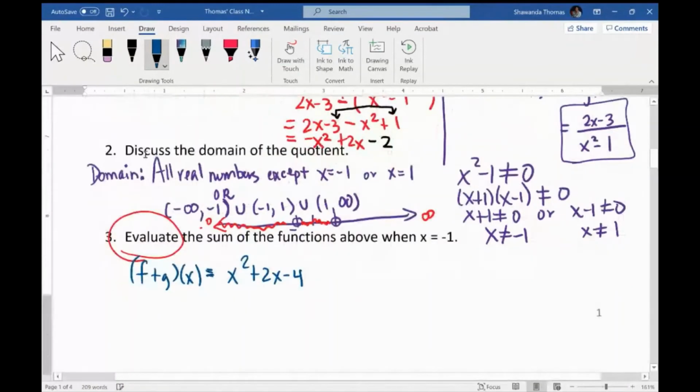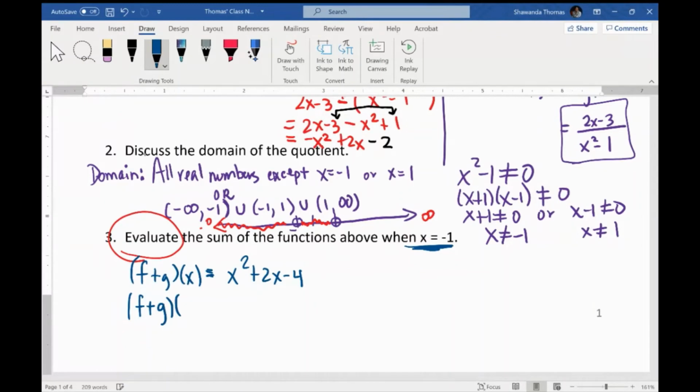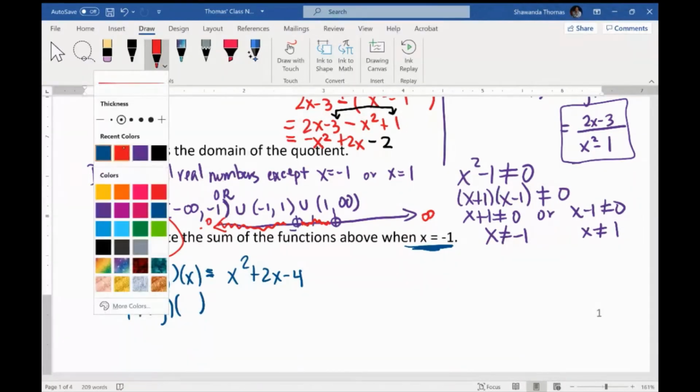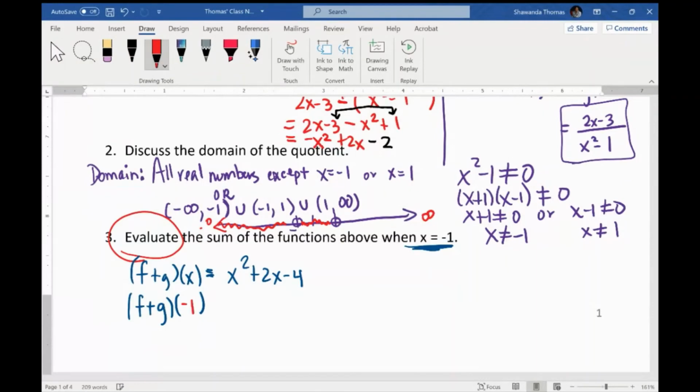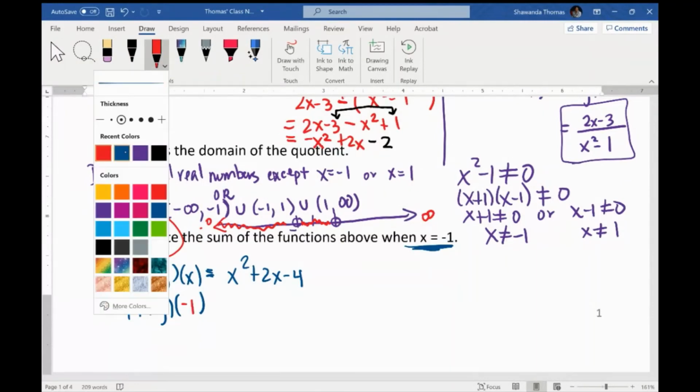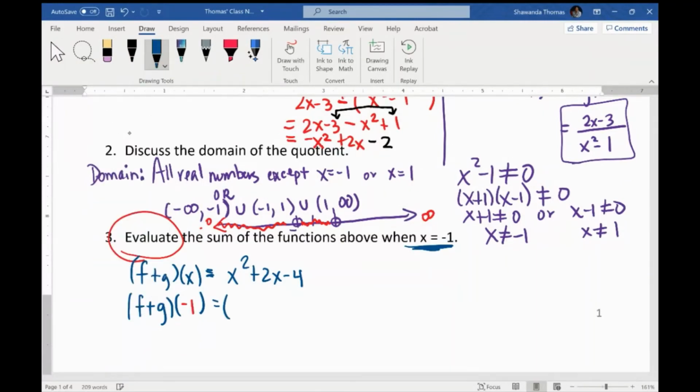It said evaluate the sum when x equals -1. So instead of an x, we're going to make a substitution and plug in -1. So that's blank squared plus 2 times blank minus 4.